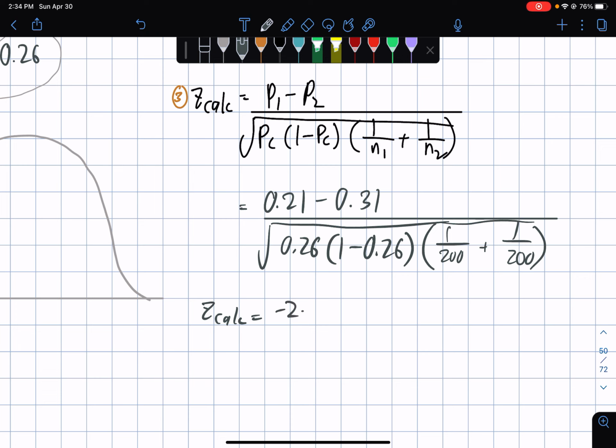Answer is negative 2.279 or negative 2.28 to wrap it up.